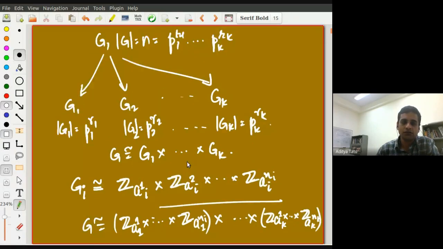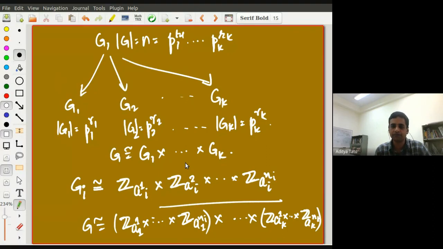Okay, so the aim is to show that any finite abelian group is in some sense a product of some cyclic groups. So G is isomorphic to a product of some cyclic groups. How many cyclic groups, etc., we are not stating.